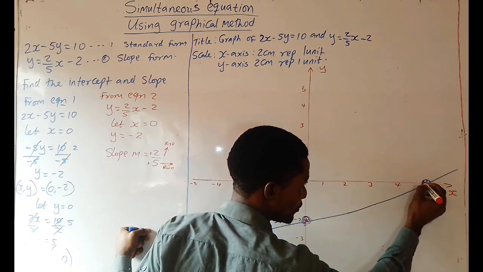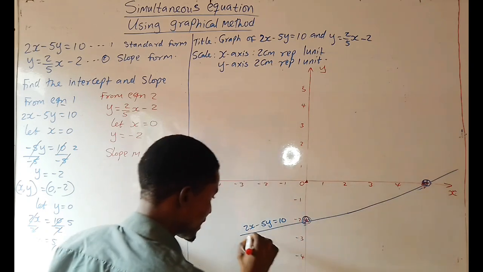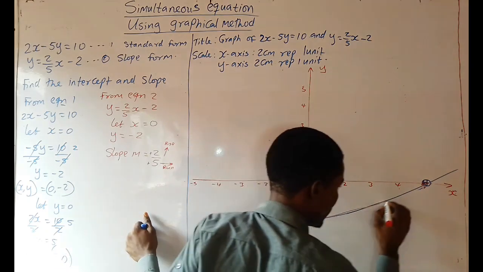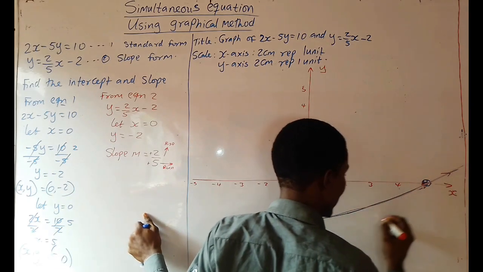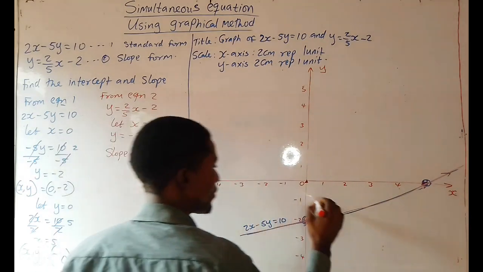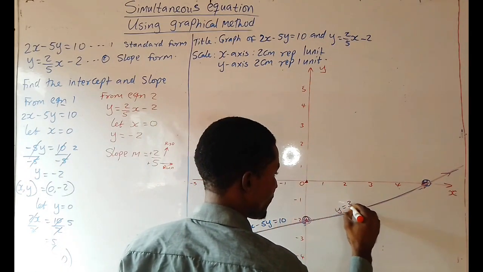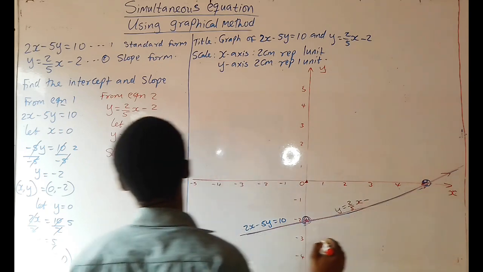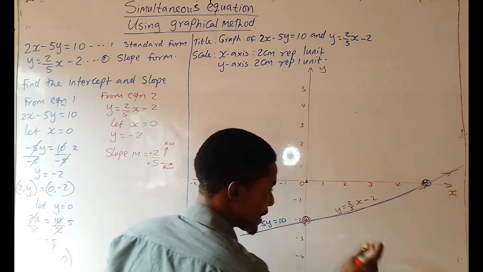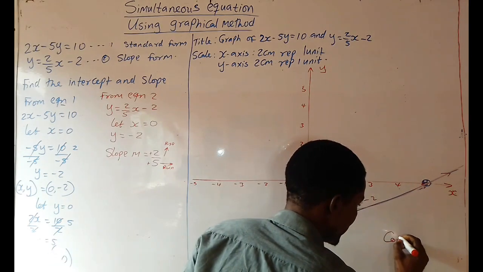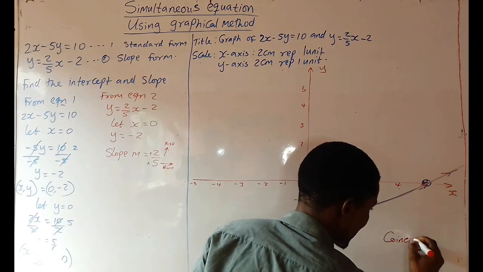This is 5 run. So we're still lying on the same line. That's the second equation now, which is y equals to 2 over 5x minus 2. Now this line is called coincident line.